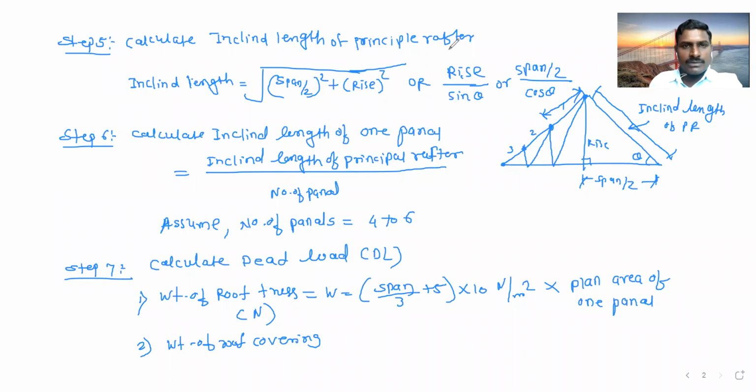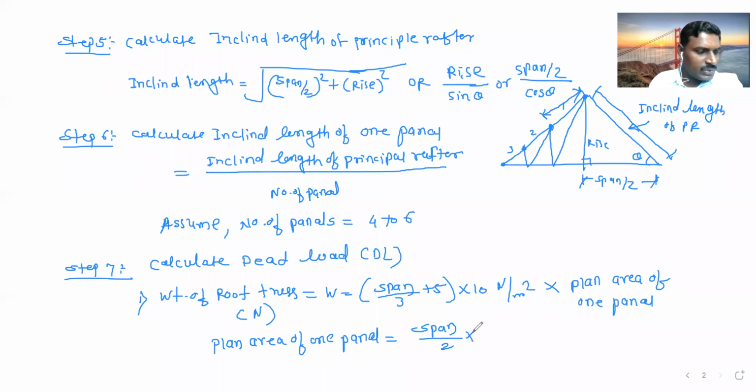So how to calculate plan area? Plan area is also simple. I will write here: plan area of one panel is equal to span by 2 into spacing of truss.